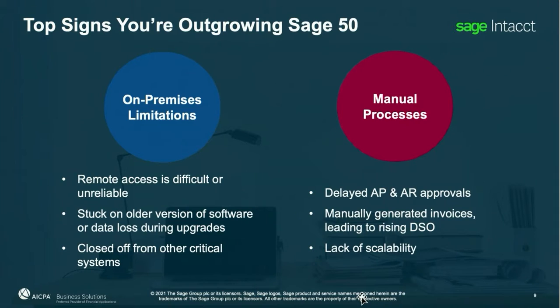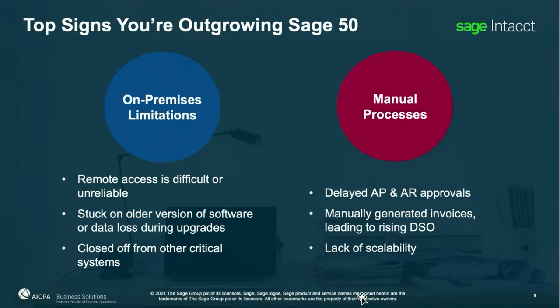As for on-premises and closed-off system issues, they're especially relevant right now as companies consider where and how their employees will work, whether that's a hybrid of in-office and virtual or some other setup. There's also the issue of upgrading on-premises finance software.